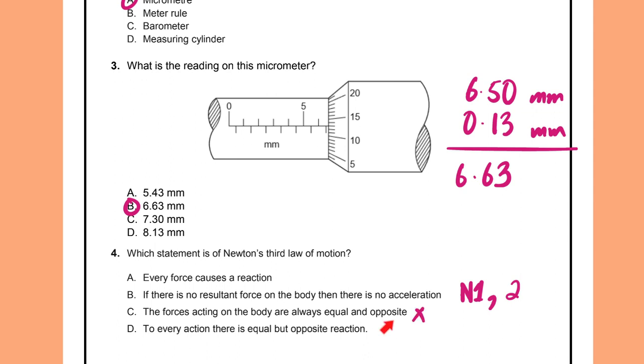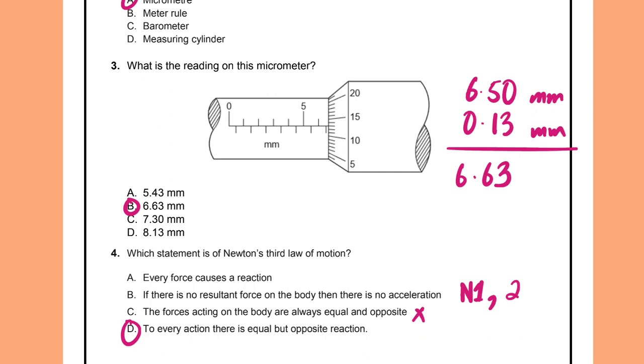Newton's third law says that if an object A applies a force on an object B, B applies an equal and opposite force on A. So it's not talking about the same body, it's talking about different objects. To every action there is an equal but opposite reaction. So between this and this, obviously this one sounds more sensible as an option.